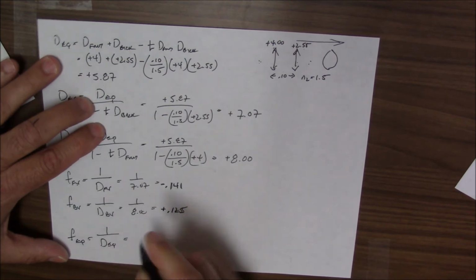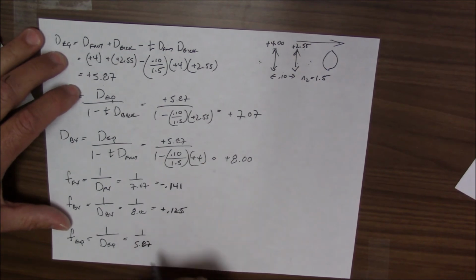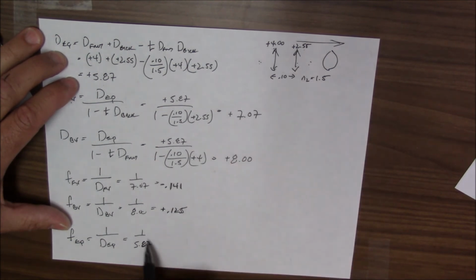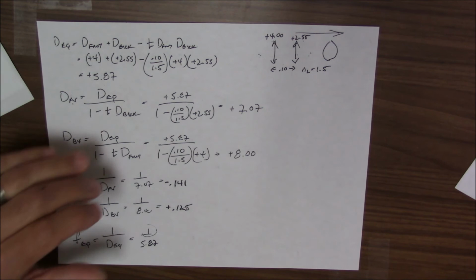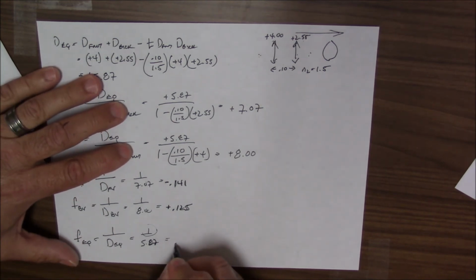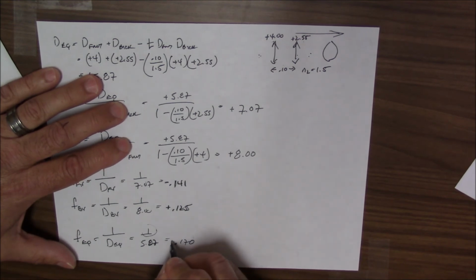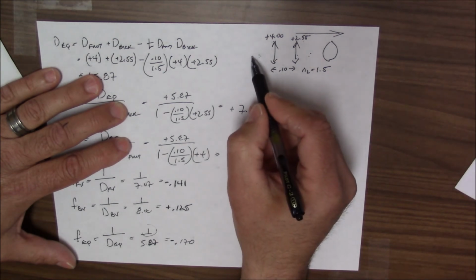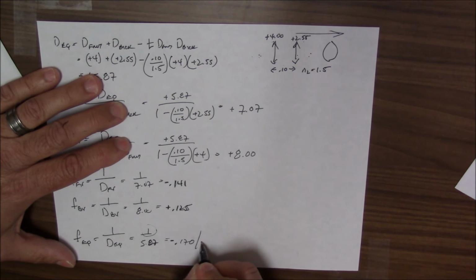All right, and the equivalent power, you figured out what it was over here. That was your 587. Once again, that's going to be outside the domain of the lens, so it's also going to be air. That's where our numerator 1 comes from. Take the inverse of that, and that's going to come out to be 0.170. And so that could be in front of the lens, which we're going to say a minus in front of the lens, but there's also going to be a secondary Gaussian focal point, which is going to be behind the lens.